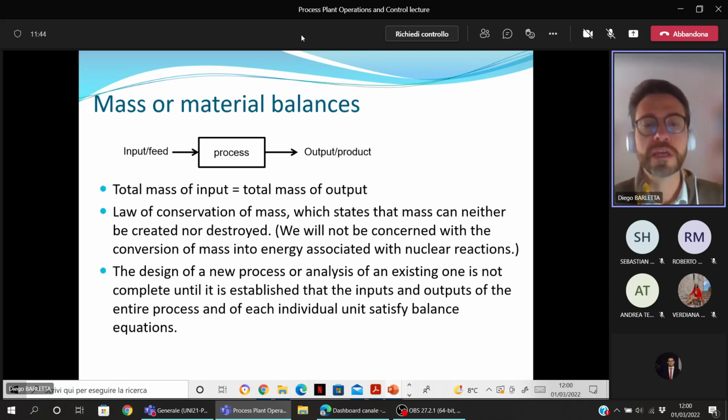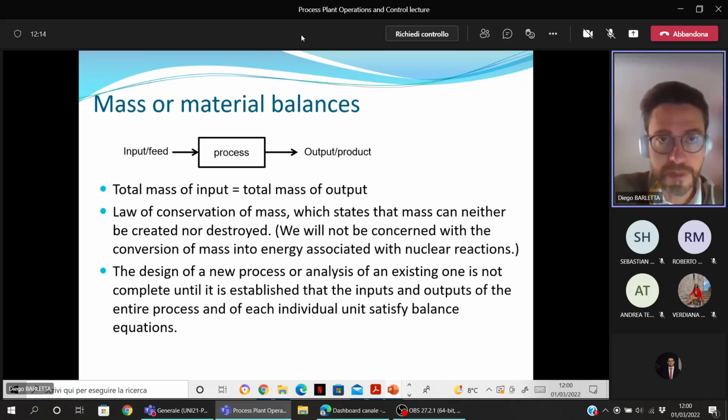And actually, we need to do this for the whole process, that we can consider as a black box, as reported in the picture, so without looking inside into the details. But this type of approach, of course, has to be followed also for single process units that are part of the whole process. So we need, in any case, to satisfy balance equations.